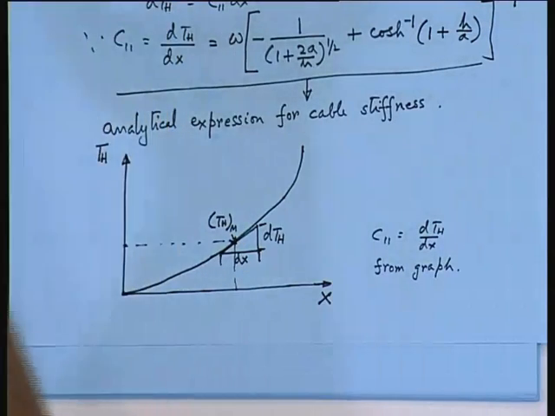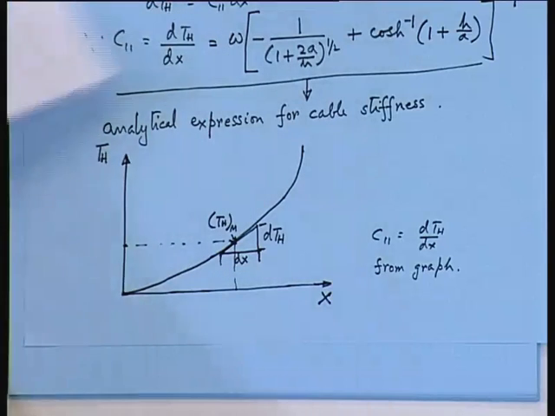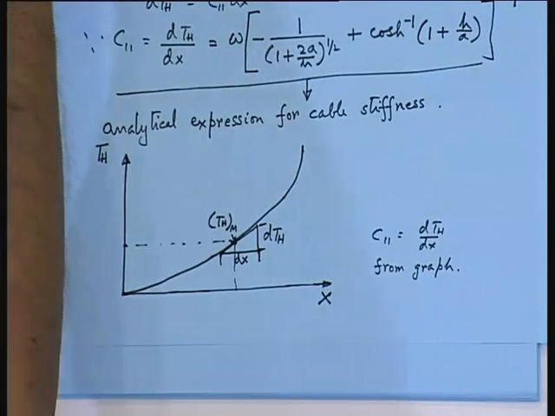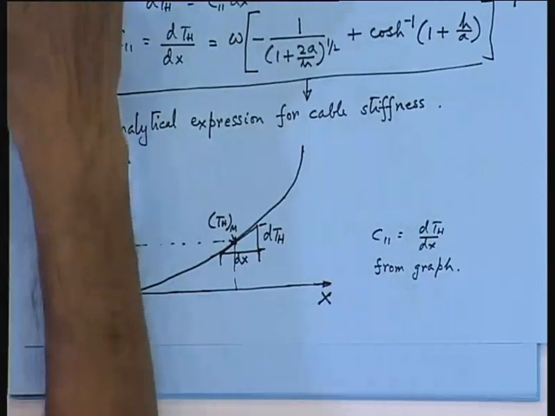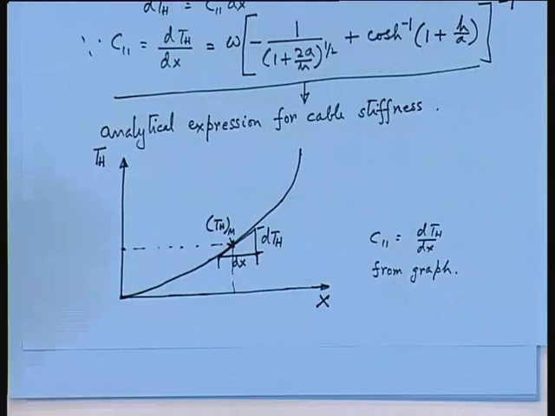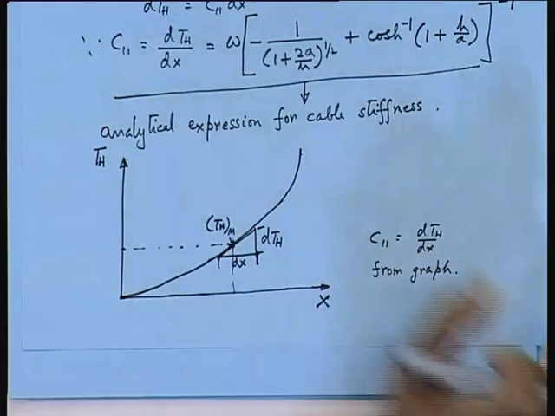Now what are we going to do with this C11? So we have found out the cable stiffness from what? Now there are three methods of calculation. First is the static analysis, then the quasi-static, and the other one is the dynamic analysis. Now in this book, in the Faltinsen book, the quasi-static he has not done.